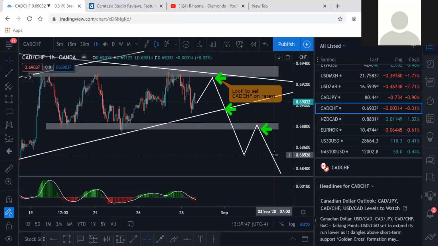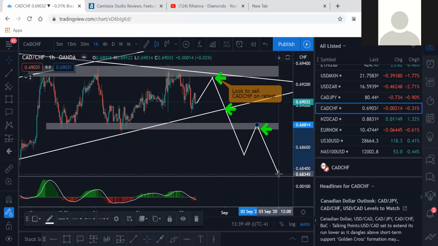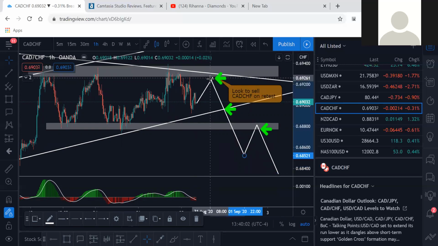Those are positions we can enter. Once you get confirmations, you're going to get a retest here for entry, right? Or even somewhere within this zone, because it may not come all the way back up here. So let me just bring it down a little bit, because I doubt it's going to come back up to that zone.